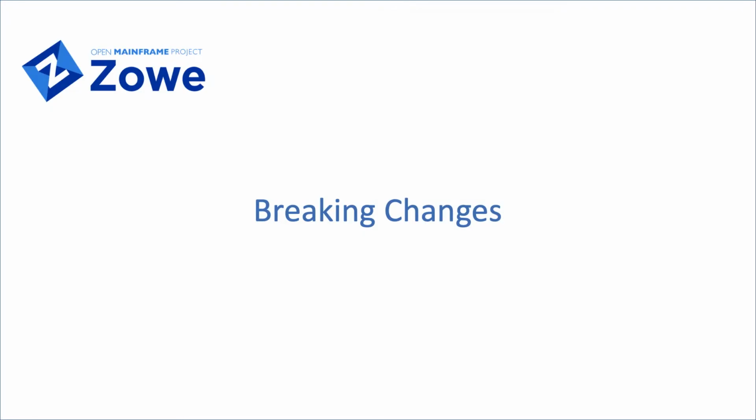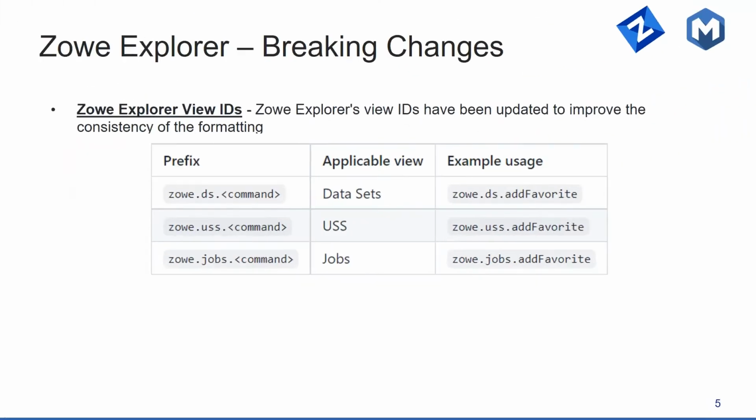So I would like to take note that there are breaking changes when we do a release for V2. The first one is the Zowe Explorer View IDs. We have updated our view IDs so that we could have consistency in formatting. Before, it's just Zowe dot and then the function name.